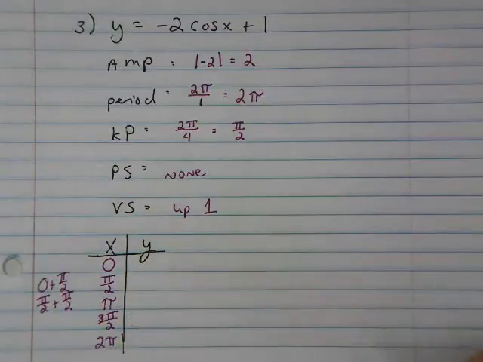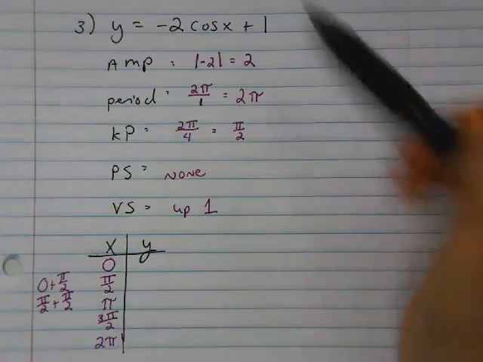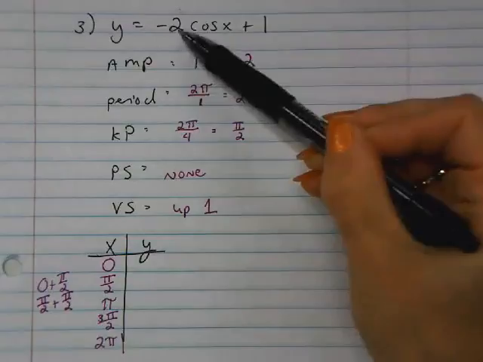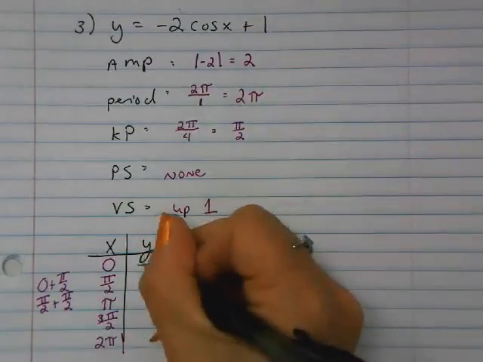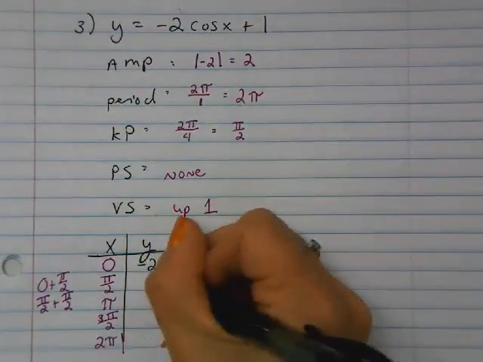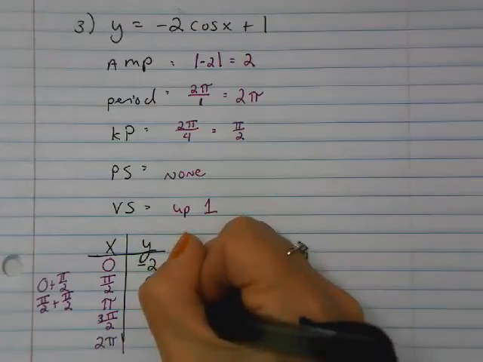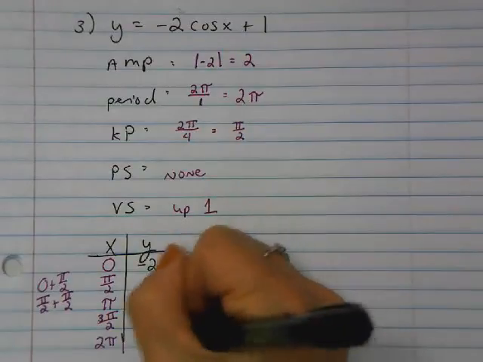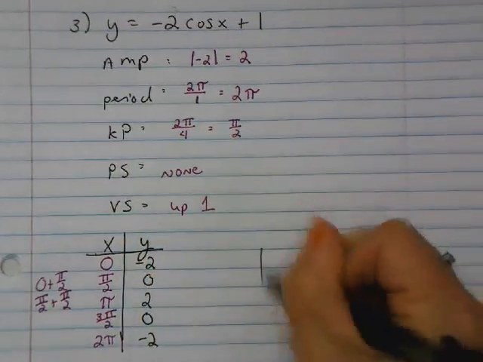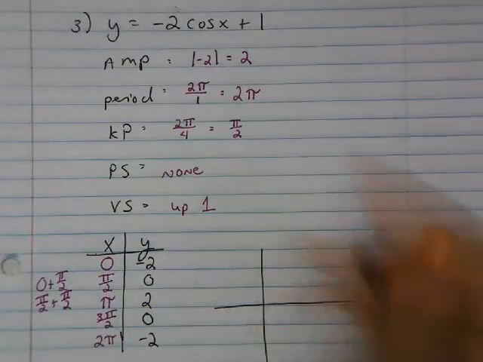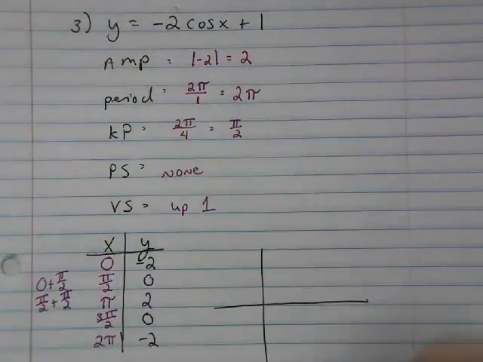Now, cosine. Cosine begins at the amplitude, but be careful. This time I'm going to go down to -2 to 0, +2, 0, -2. The reason it does that is because it's -2, so it's flipping over the x-axis.